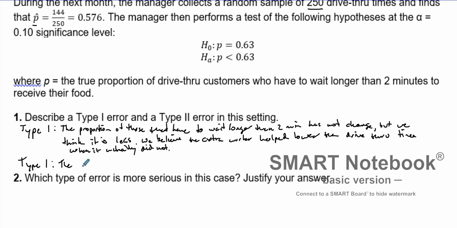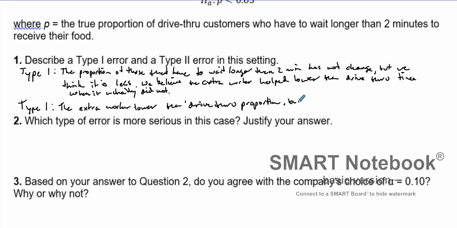The extra worker did lower the drive-through proportion, but we believe it did not change. Okay, so that's actually what is happening here. That's a type 2 error.